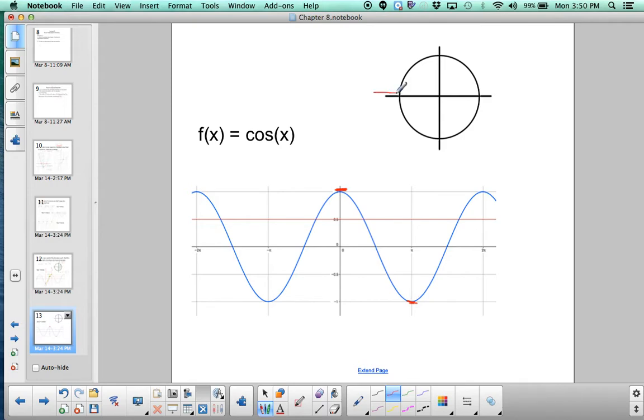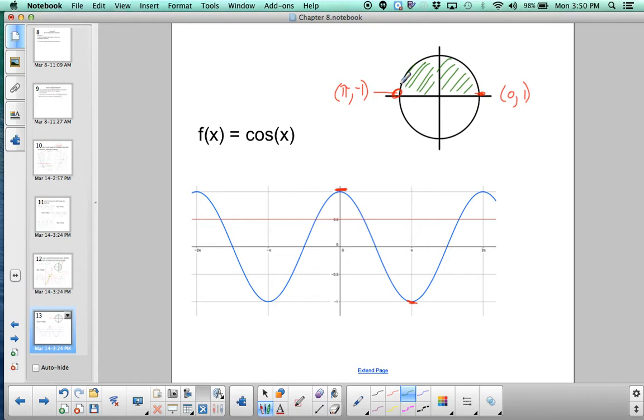We know here at pi I'm going to get -1, and here at 0 I'm going to get +1. And so again, using that first quadrant and then trying to get them to be adjacent, here I notice I can restrict my graph from 0 to pi.